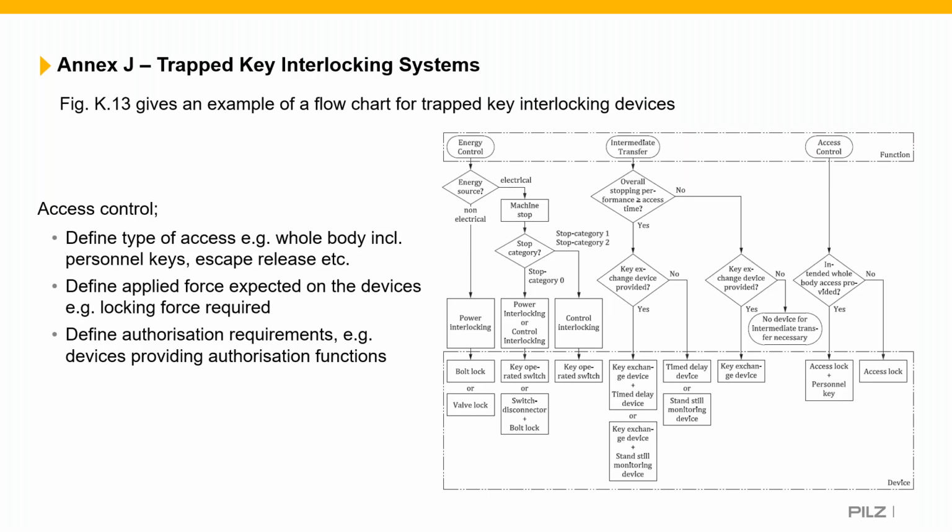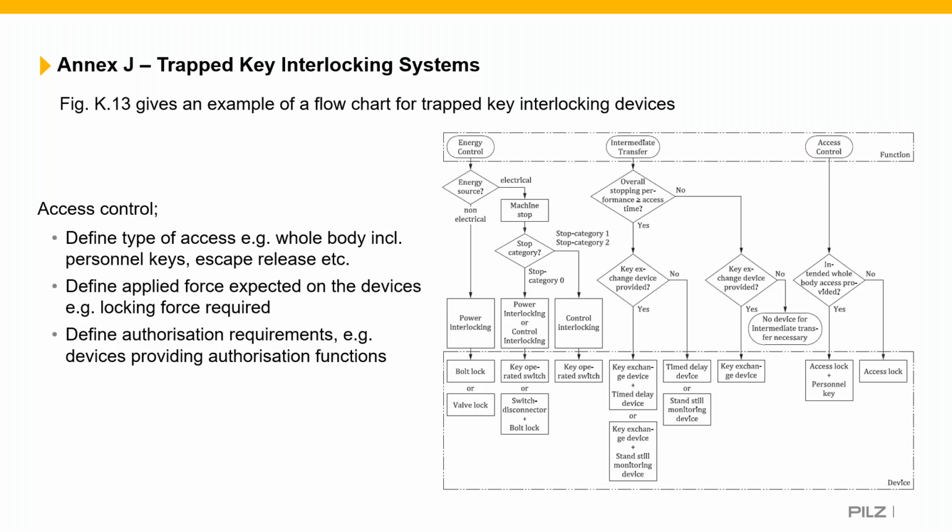We need to look at the applied forces on these devices, so the locking force that's needed so that nobody can easily manipulate and override it. And also we need to define the authorization requirements, so only allowing authorized and approved personnel.